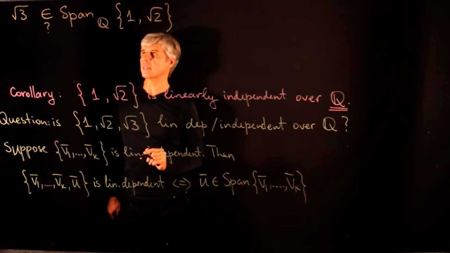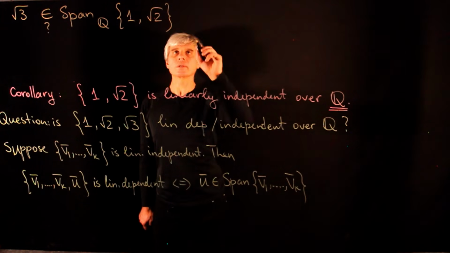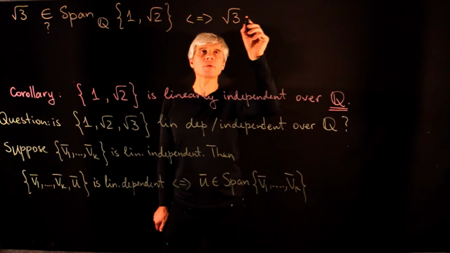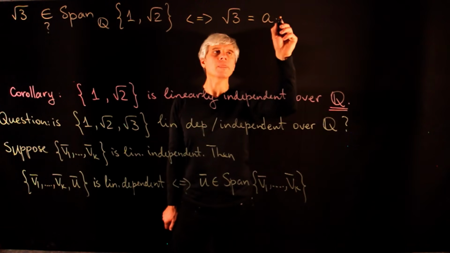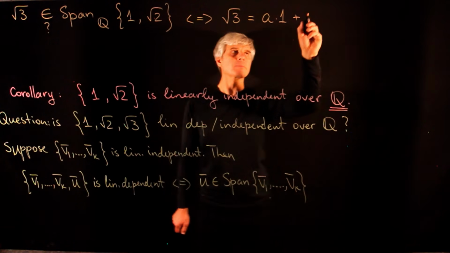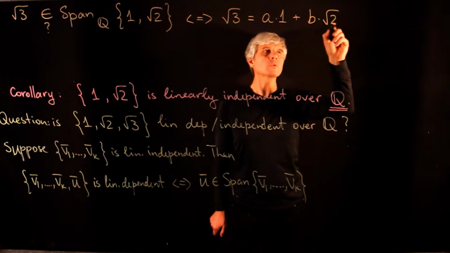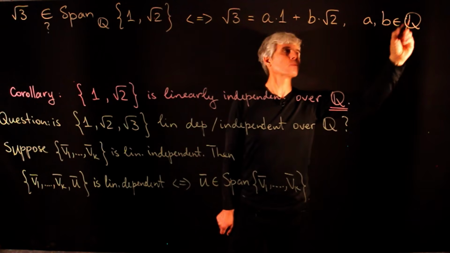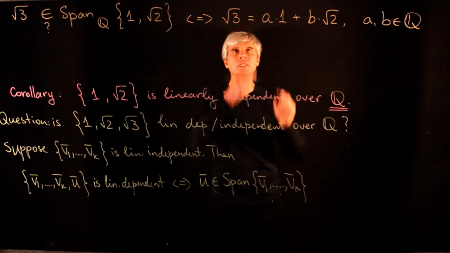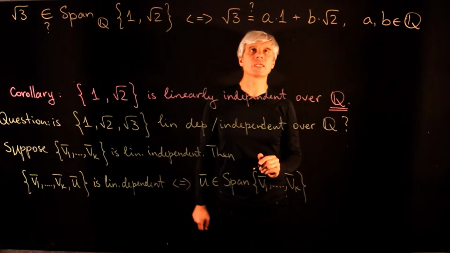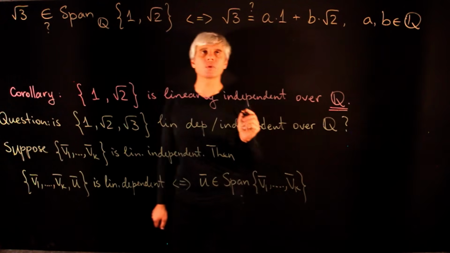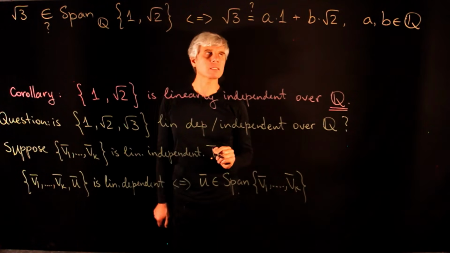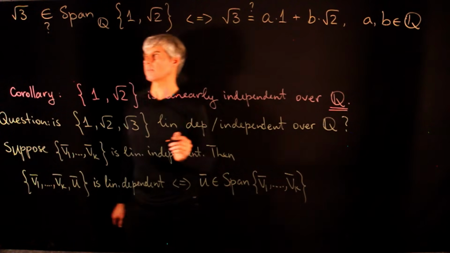So what does it mean? This means that we can write square root of 3 as a times 1 plus b times square root of 2, where a and b are rational numbers. So the question is, can we do this? Let's assume that this is possible, and let's square both sides.